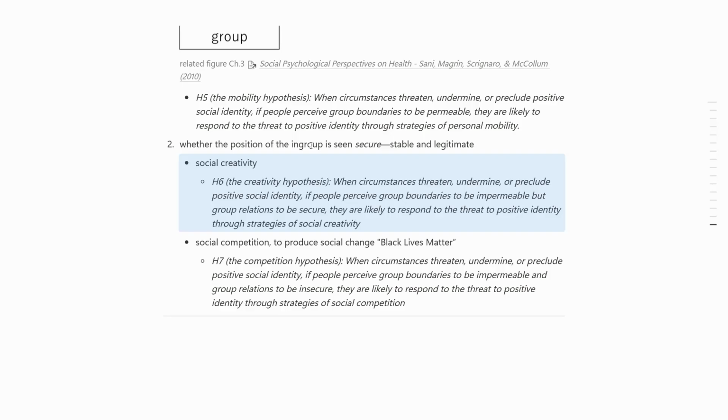So in the textbook, it gives an example of dwarfism, basically a condition that makes people short. When such a condition is seen as untreatable, very difficult to treat, then people perceive the group permeability as very low. It's so difficult to change their group identity. Then they try to be creative in a way that they try to find good aspects of their group.